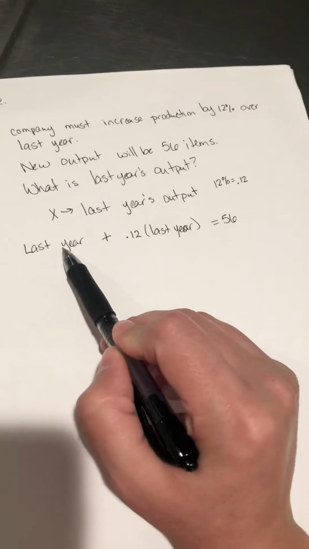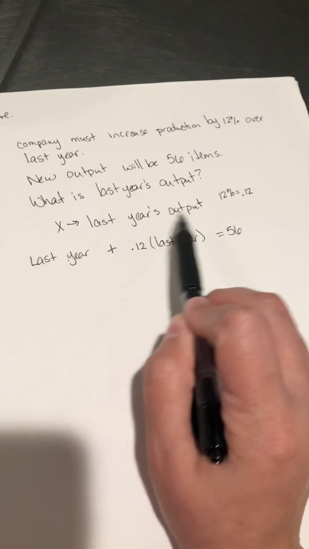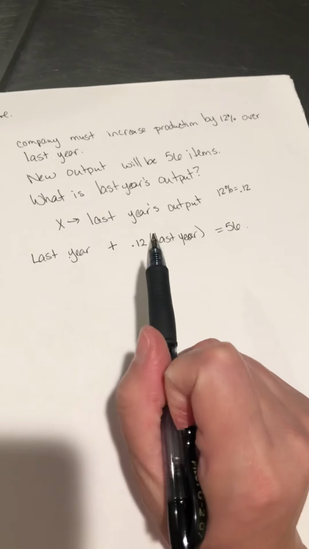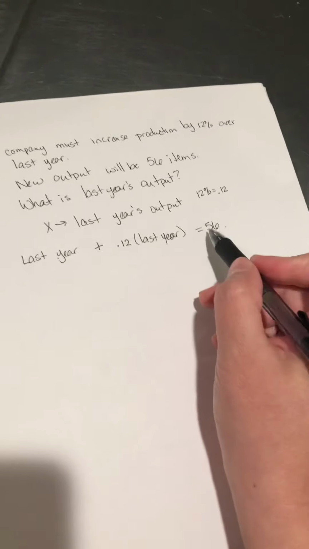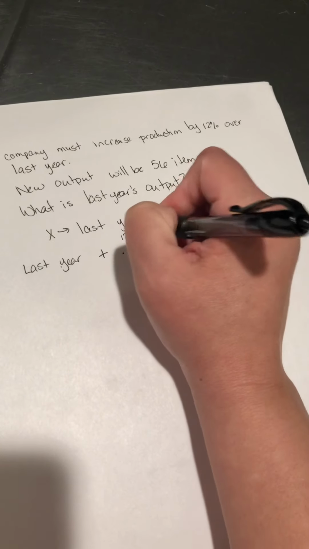So last year, whatever happened, plus 12% of last year, which would be the 12% more that we're doing, is going to be my number of items, which is 56. So this is the way to translate 12% more.